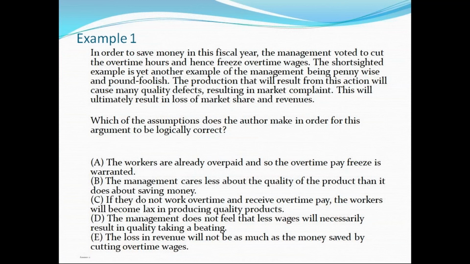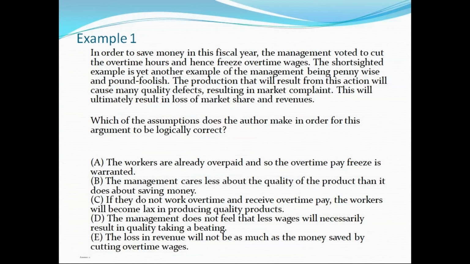So if you freeze overtime wages, the assumption is that workers will become lazy and will not pay attention to the quality of what they are producing. Okay. Yeah. And so that will be C.